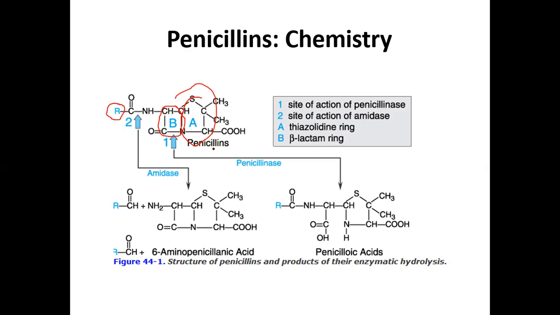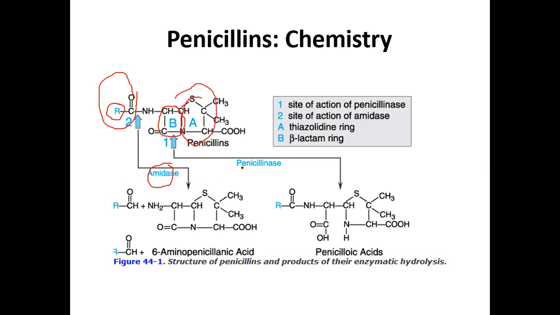Okay, so there are two enzymes here. There is the amidase. The amidase enzyme is the one that breaks off the substituent. Now, this substituent is the one that contains the structure R that gives different effects to the penicillin structure.